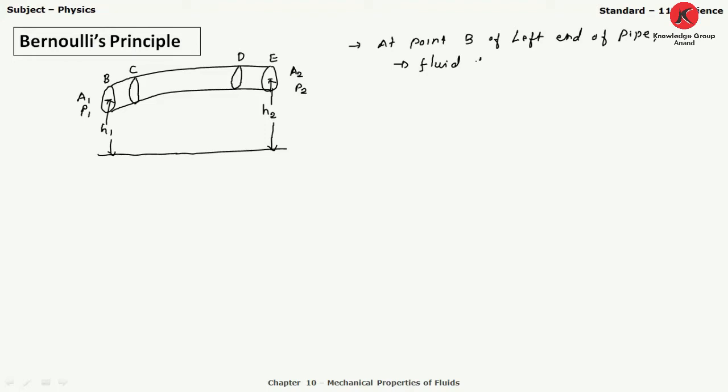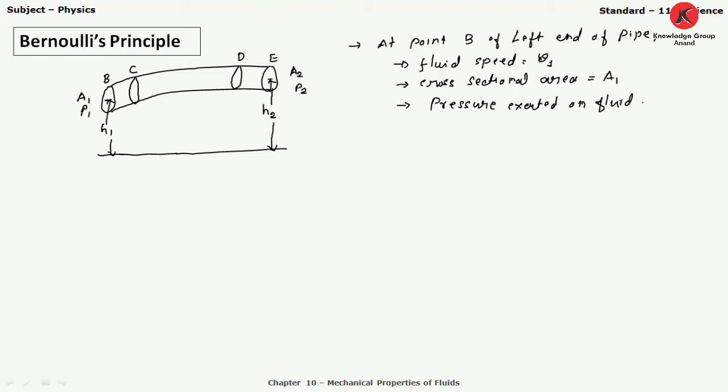Fluid speed, which is V1, then cross sectional area, that is A1, and finally pressure exerted on fluid, which is P1 and which is given by the equation F1 by A1.